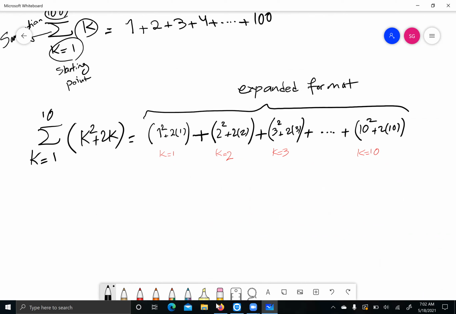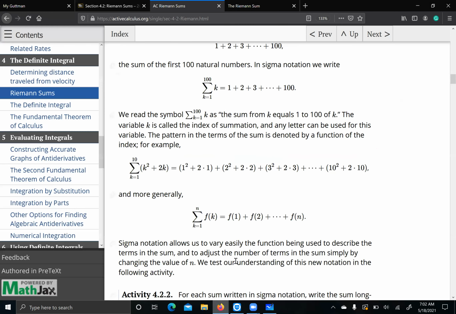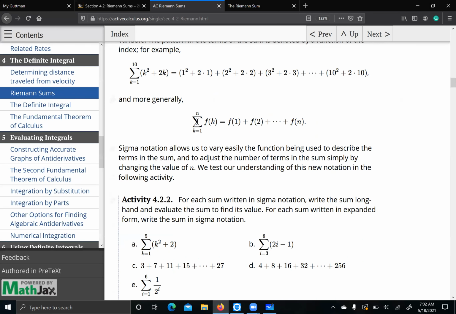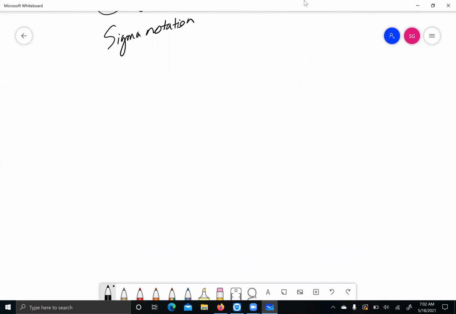So it's very long if you want to write this summation. To avoid this, we use this sigma notation, to express what we mean in a short and a clear way. So what does this notation mean? Sigma of f of k, f as a function.